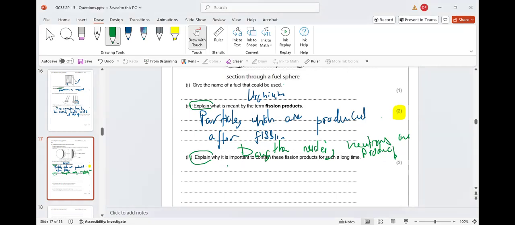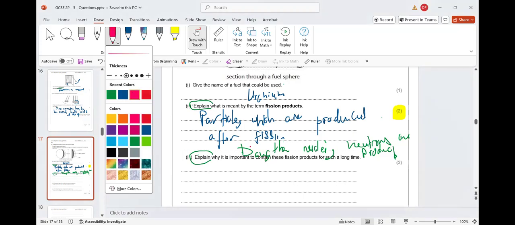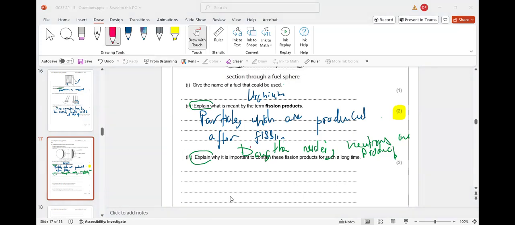Why should we need to contain them? As in, you cannot just release them. You have to protect them, contain them. Why should you contain them? Simply because they are radioactive. Even the daughter nuclei are radioactive. Since they are radioactive, they produce ionizing radiation.